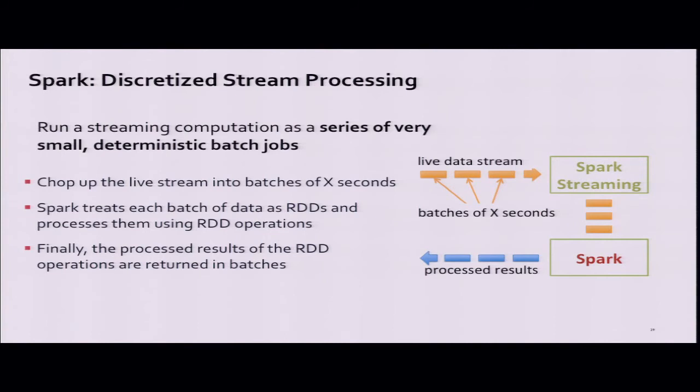What do you lose? Well, the latency is now dictated by these batch sizes. The batches we are using are 1 second, maybe half a second, 2 seconds. If that's good for you, we believe this is a great model. If you want millisecond or microsecond latencies, like in banking, this is not a good solution.